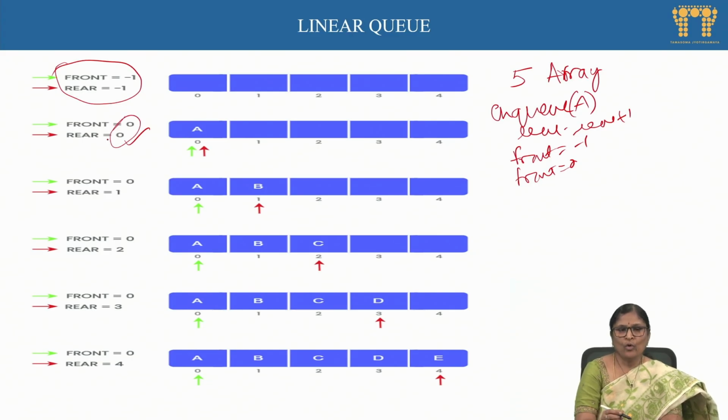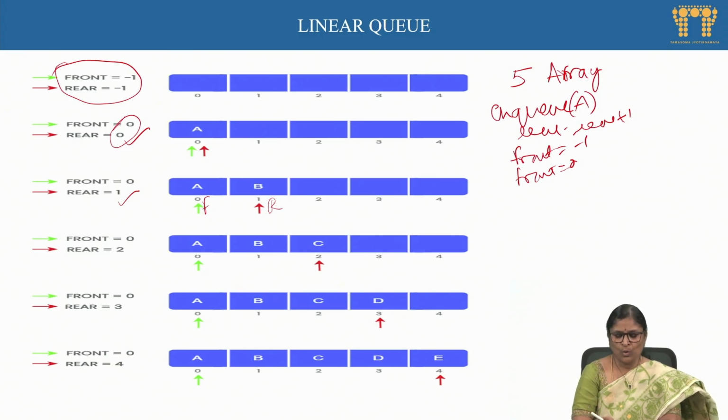Now the values of front and rear are 0. Then again I say enqueue of B. Always insert at the rear end, so increment the rear, then place the element. Now F is pointing to A and R is pointing to B.